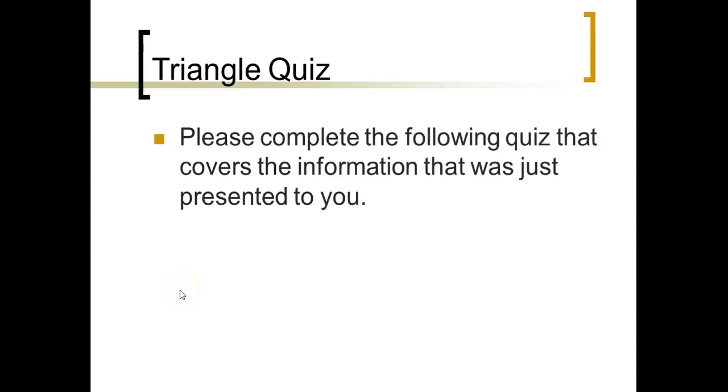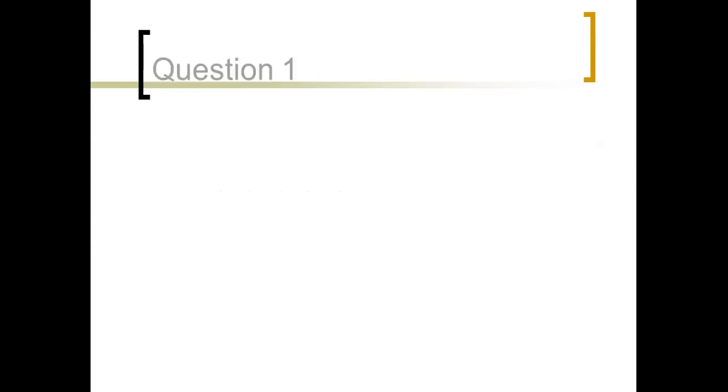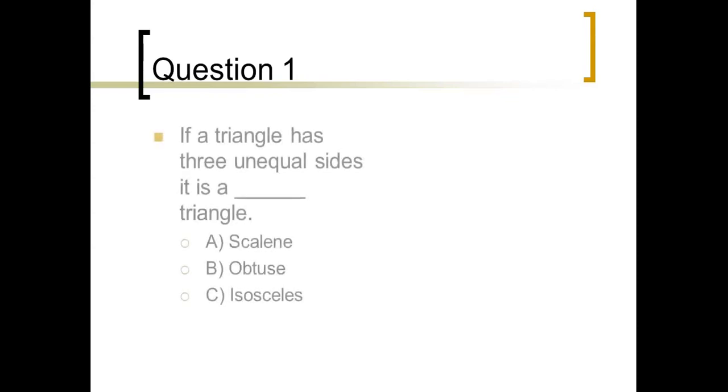You are welcome once again to class, and in today's class, like I did promise, we shall be looking at some interesting triangle quiz questions. The first question says that if a triangle has three unequal sides, it is a dash triangle.